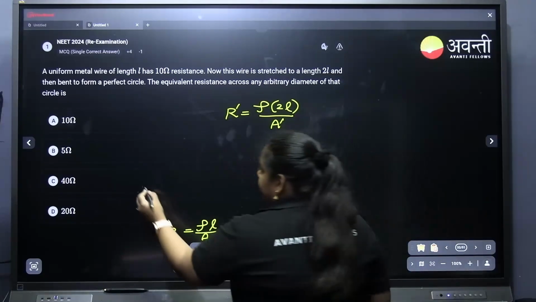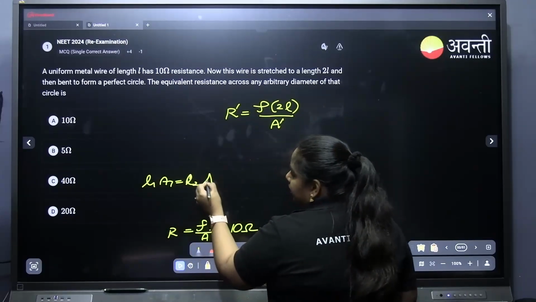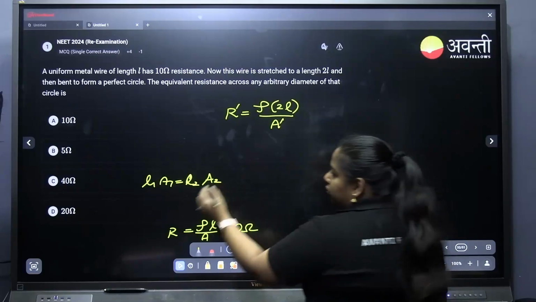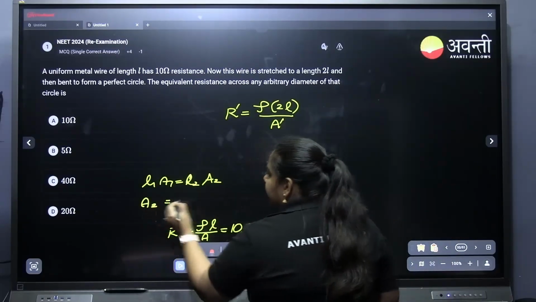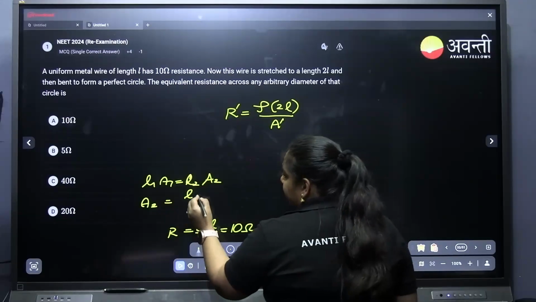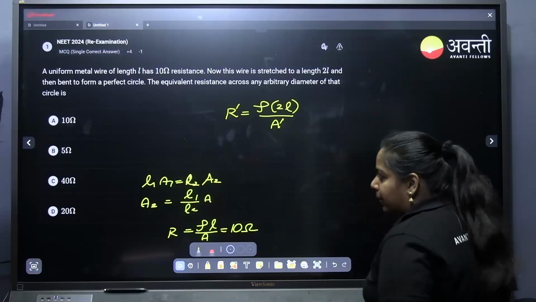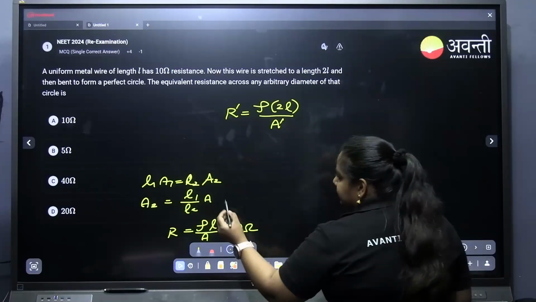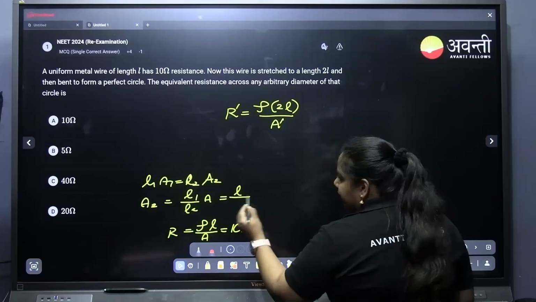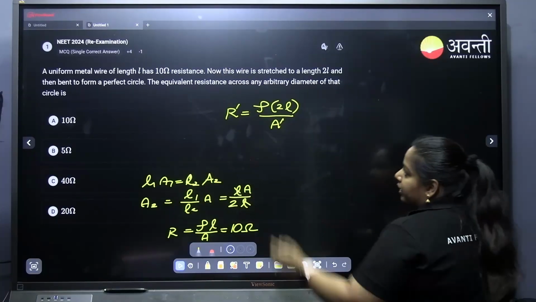What is that? L1 A1 equals L2 A2. So to find A2, that is equal to L1 by L2 into A. L1 is just L, L2 is 2L, so A2 is A by 2.